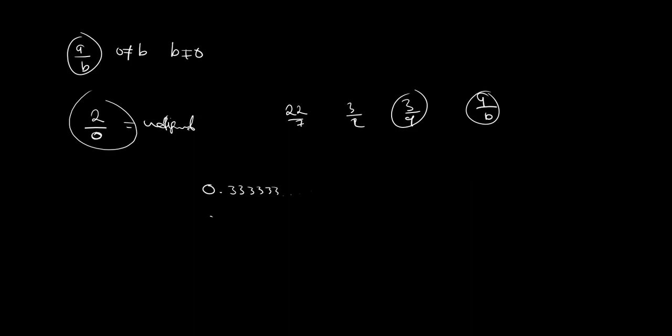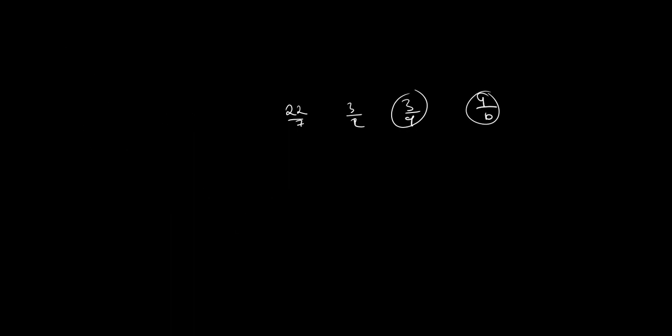So for this, I'll just write 3 point bar, like that, meaning that it continues like that and we can't end, so it is infinite. So the goal here is to trace the pattern. Once we're able to trace the pattern, then we'll be able to solve everything under rational numbers.